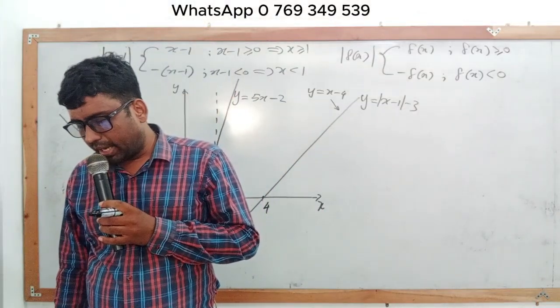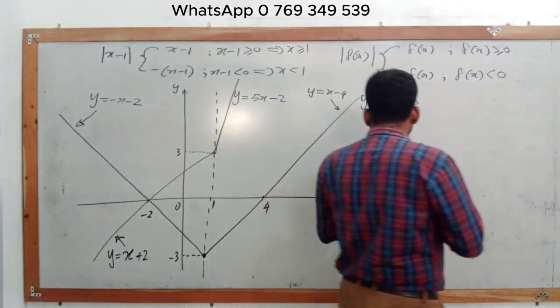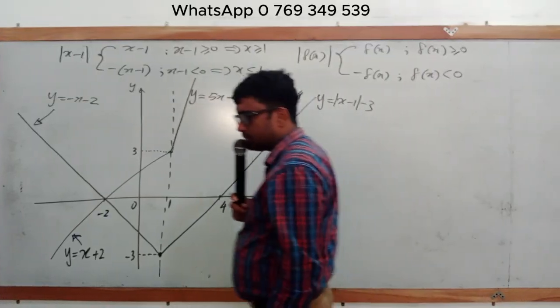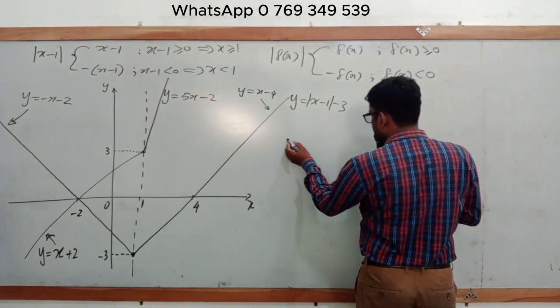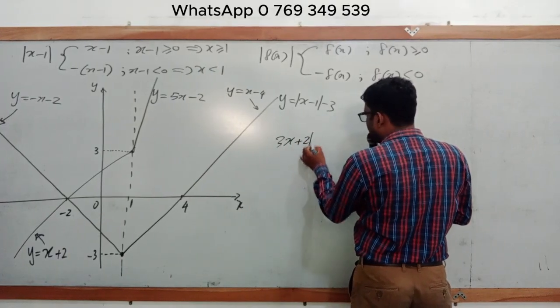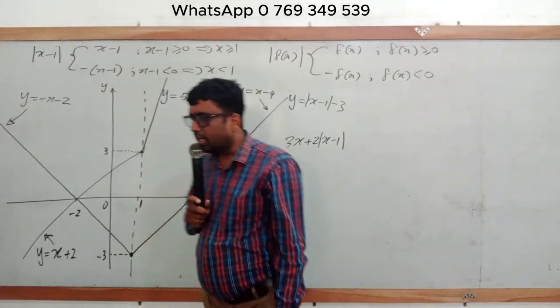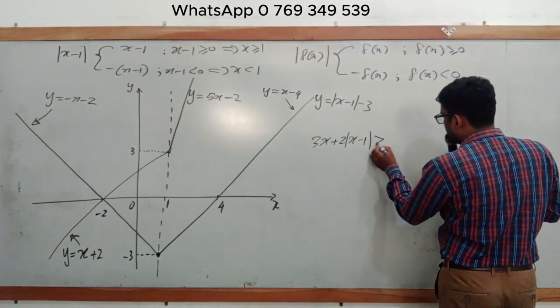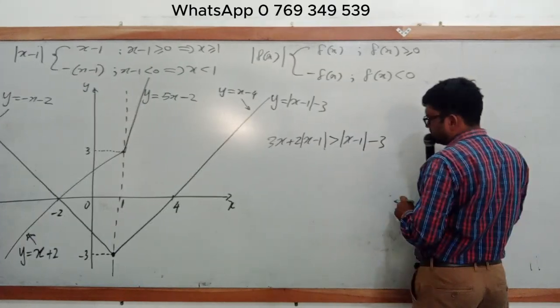Now we have the inequality. What is the inequality? 3x plus 2 times modulus x minus 1 is greater than modulus x minus 1 minus 3.